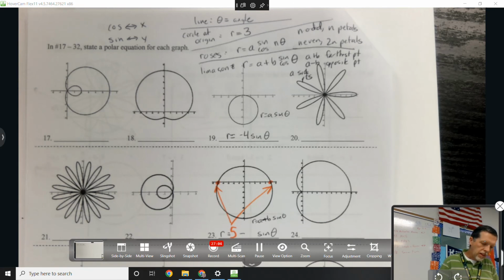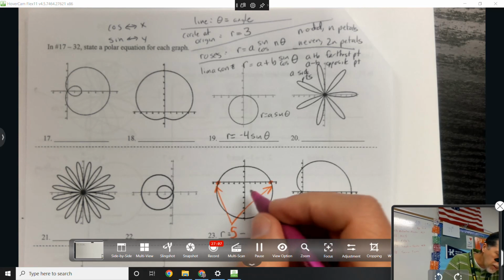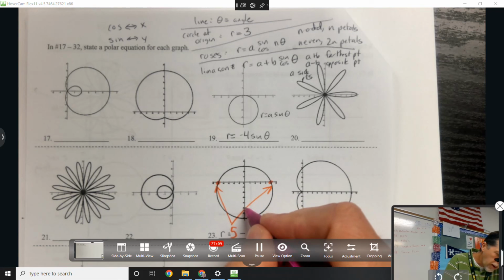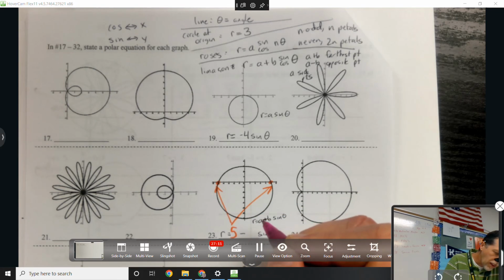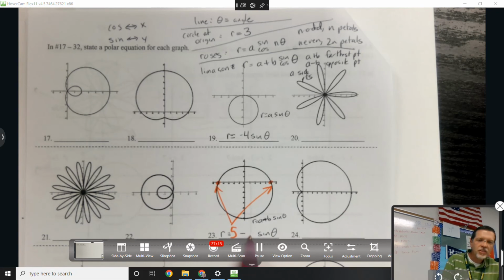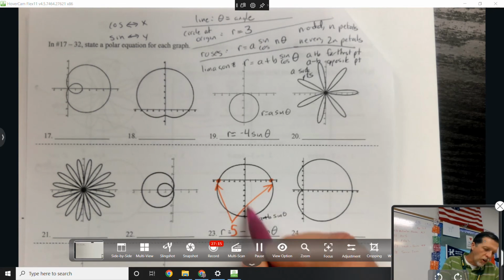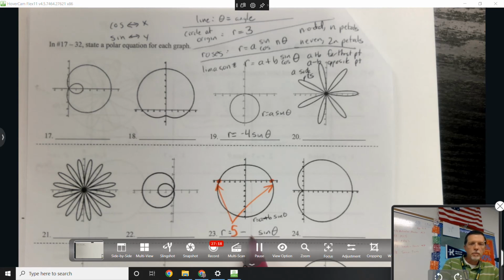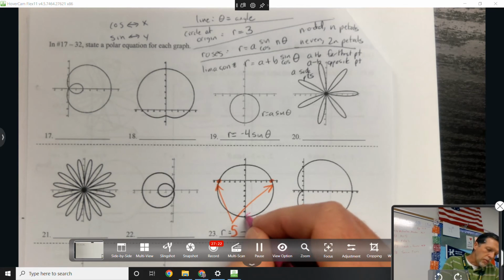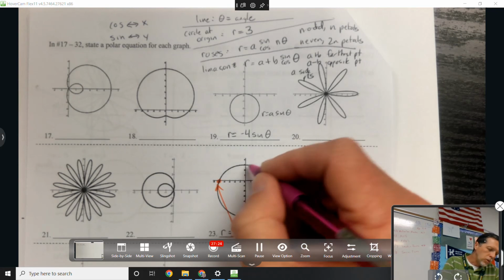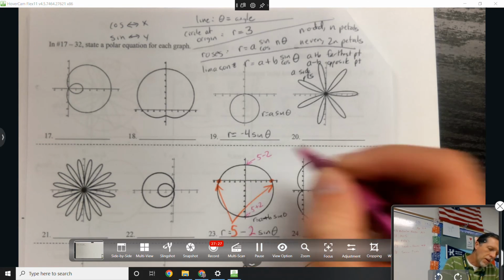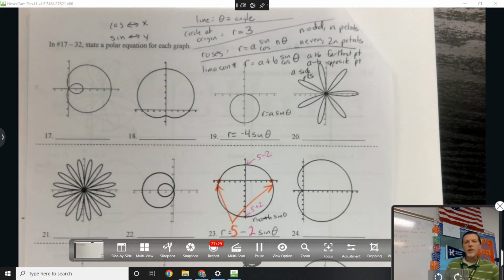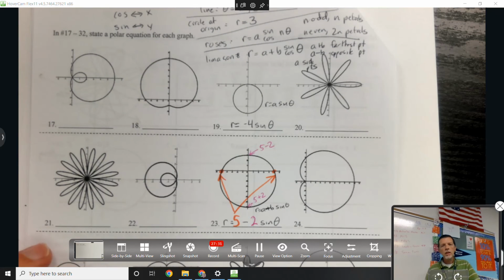And then the add-on number is this far point. 1, 2, 3, 4, 5, 6, 7. So what does this number need to be if the farthest point is 7? 2. That point is 5 plus 2. That point better be 5 minus 2. 1, 2, 3. So yeah, that's 5 minus 2. So the more you know, the more you can kind of self-check and make sure you're on the right path.